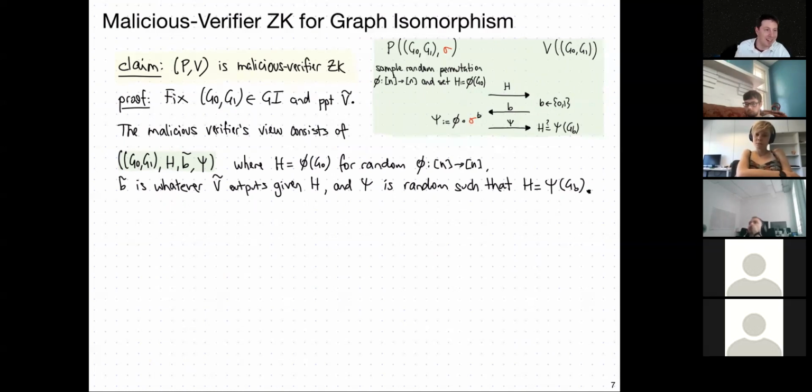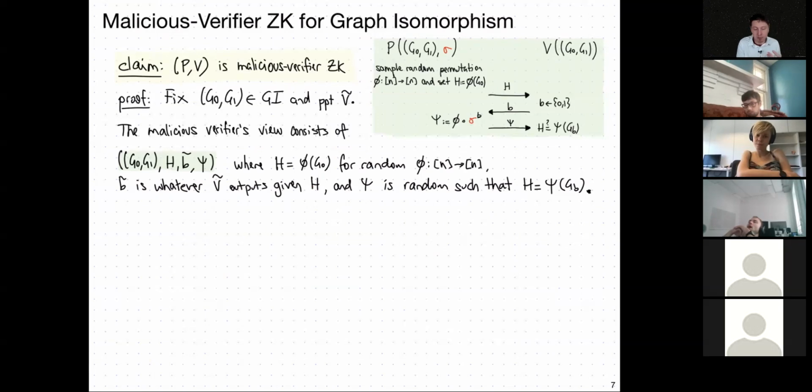Okay, so the verifier is supposed to send a bit, let it be a bit. But now it may not necessarily be a random bit. It could be that the bias of this bit is chosen in some complicated way based on the specific message sent by the prover in the first round, right? It could be that the malicious verifier sees this H and picks a bias for its bit. And maybe in some other world, had it seen some other graph, it would have picked a different bias.